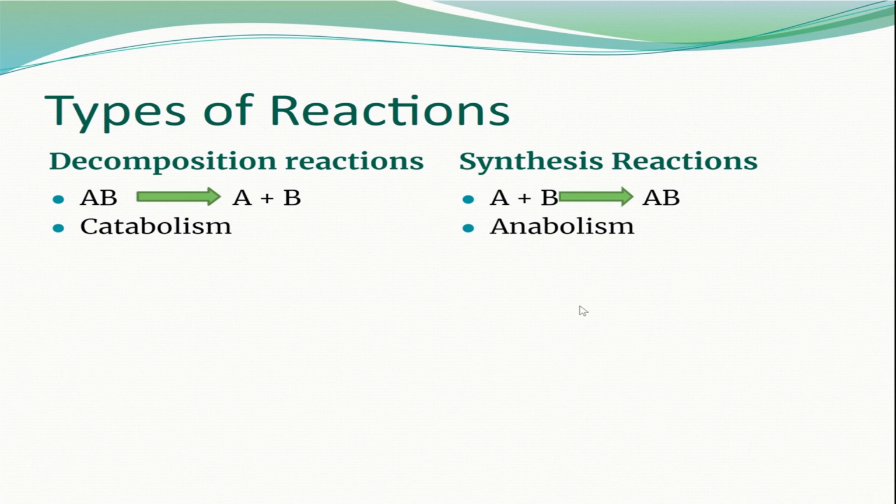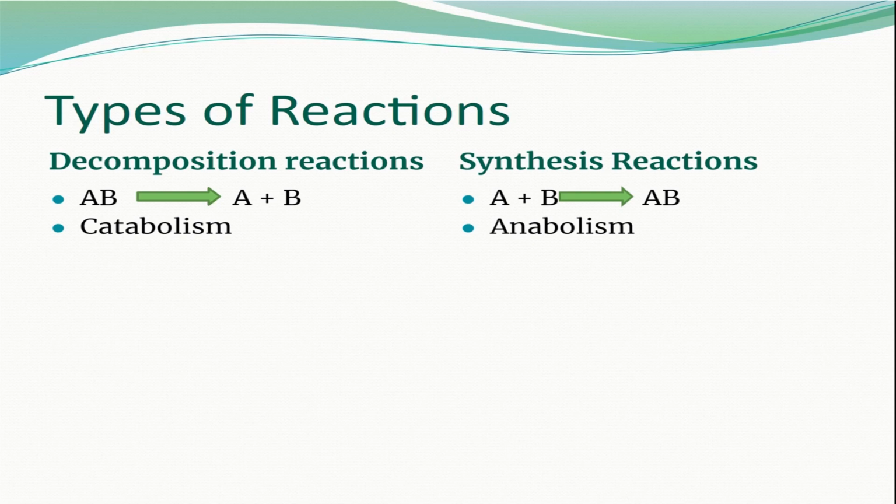Types of reactions. We remember the body is doing thousands of reactions every second in order to maintain itself. So you need to remember decomposition reactions, because that is catabolism. That's breaking apart a molecule into its constituent parts.